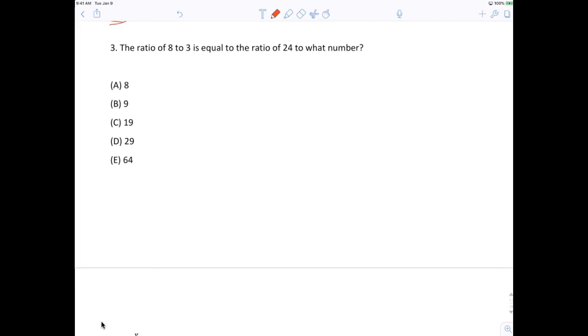All right, let's talk about number 3. The ratio of 8 to 3 is equal to the ratio of 24 to what? Now this one, when you did proportions so much last year, I'm sure everybody got this one. I got a B. Anybody else agree that it's B? Do I need to show you? All right, let me show you. Ratio just means a fraction, right? So when you write it, you say 8 over 3 is equal to 24 over what number?